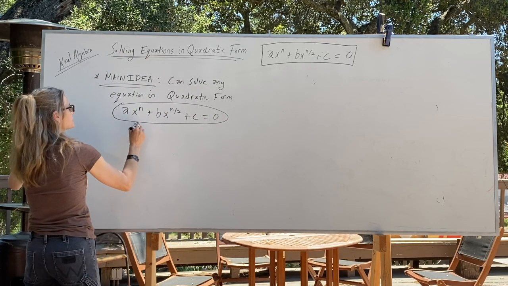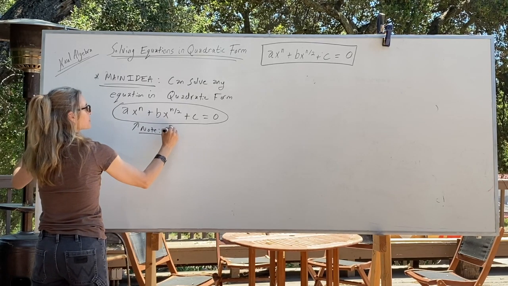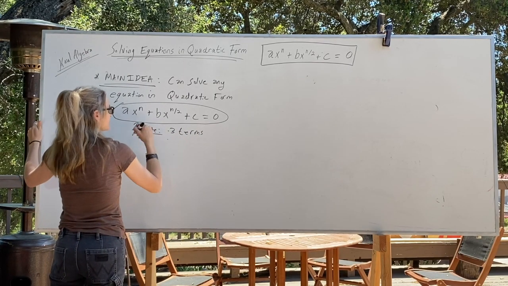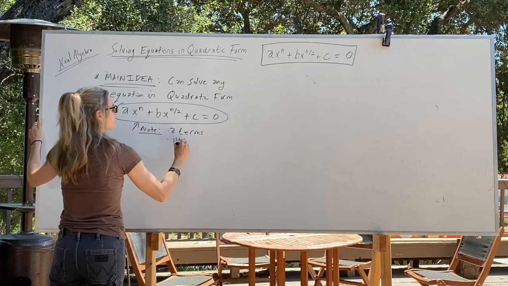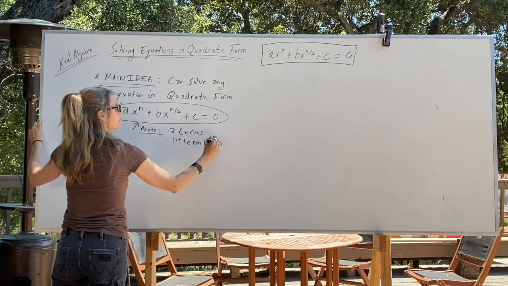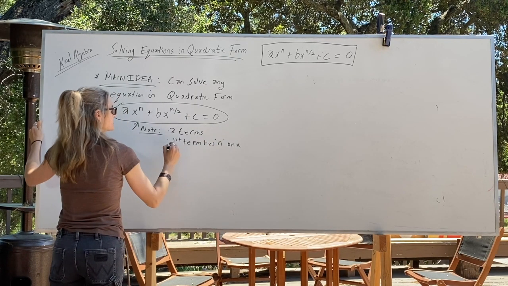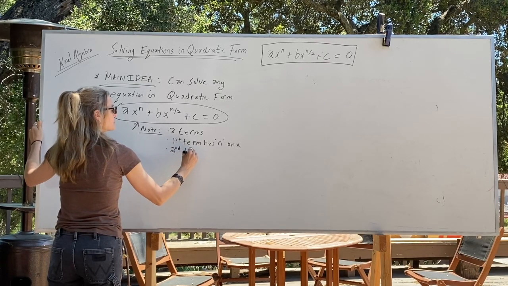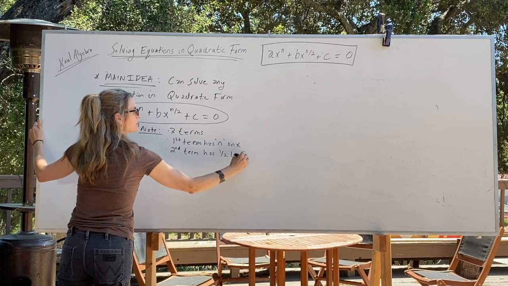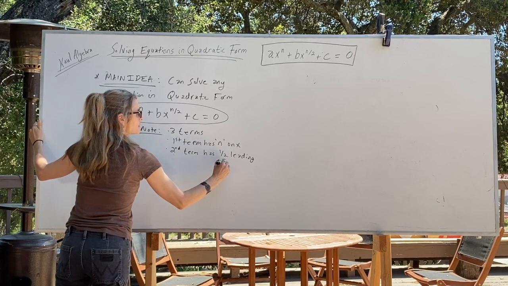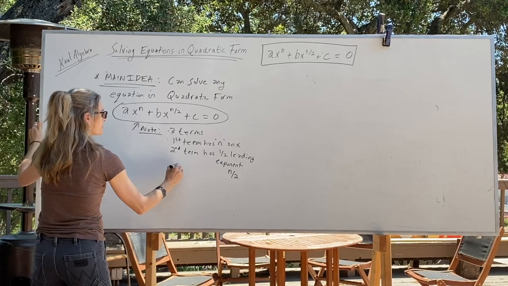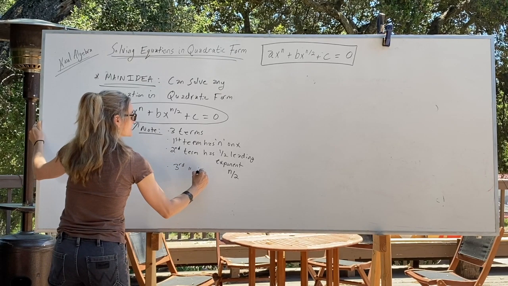So what you want to note is that you have 3 terms that you need, and notice that the leading coefficient, the first term, has n on x, and the second term has half the leading exponent, which we call n divided by 2, and the third is constant.